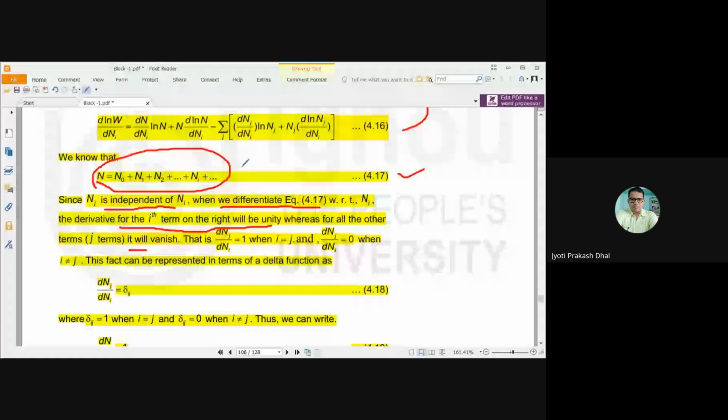So if we take the differentiation of this equation with respect to ni, only this term will become 1 and the remaining terms will vanish.